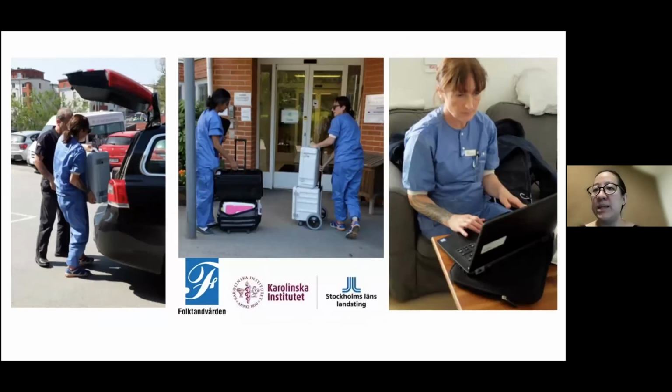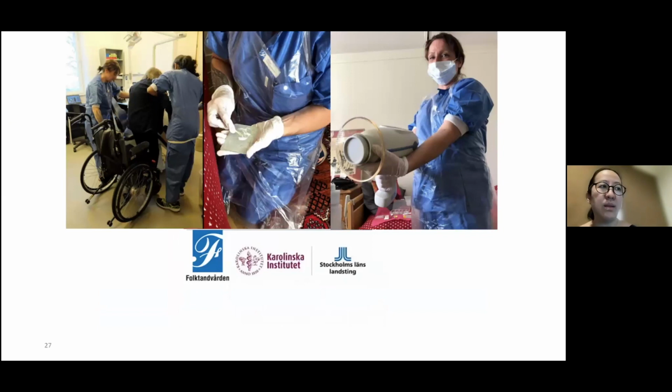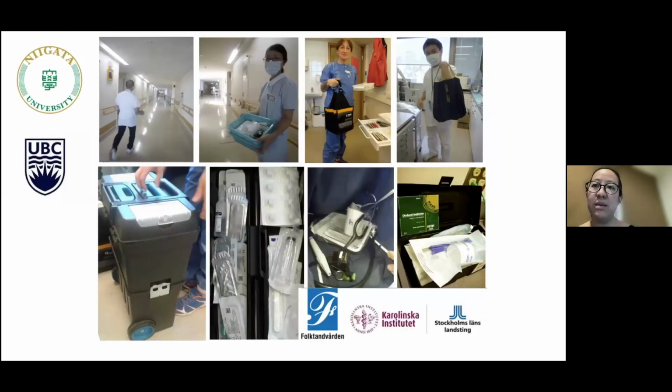In Stockholm, in Sweden, they use this mobile dental unit, fully equipped, just like one suitcase, and they have another suitcase for portable X-ray, with the shield around the tube. And they go see the patient in the nursing home, in the patient's room. Some examples from Canada and from Japan, and also again from Sweden.